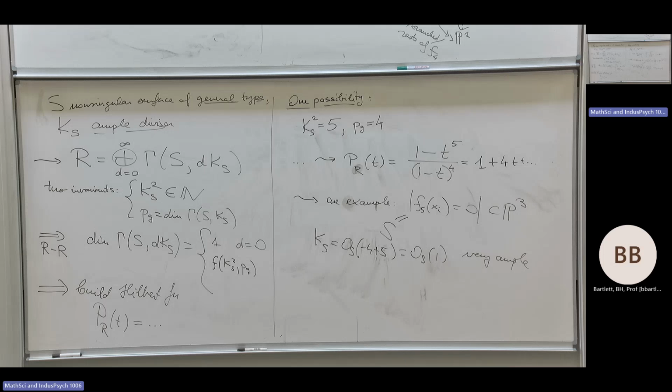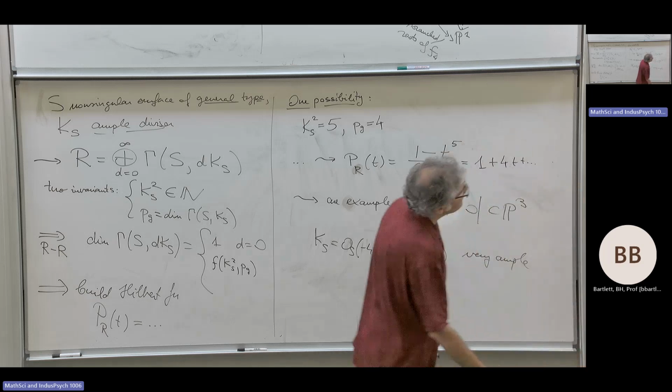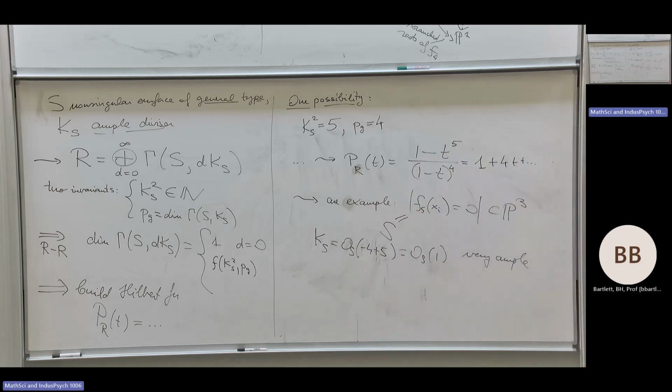With coordinates x0, x1, y and z, after a little change of variables, this will be given by z squared equals f10 of x0, x1, y. Now I can forget the z coordinate, and I can project to weighted projective space 1, 1, 2, and I have a double cover.